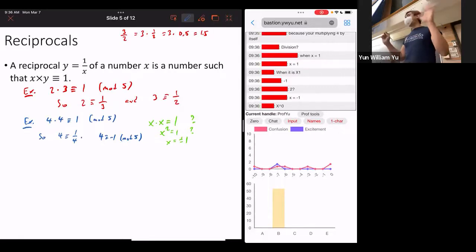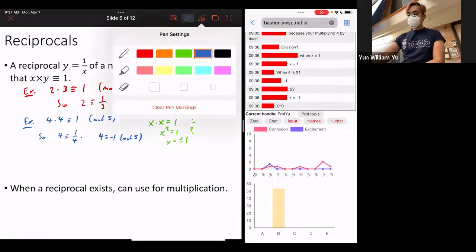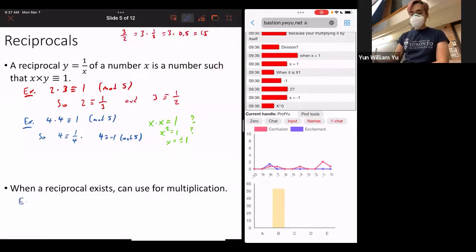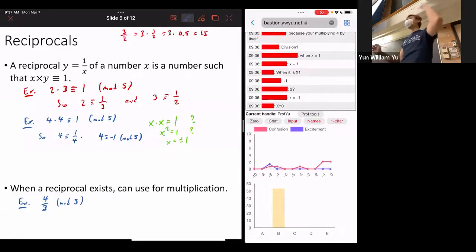Okay, I'm getting a few looks of confusion, but we'll carry on for now. And we'll just say that when a reciprocal exists, you can use it for multiplication. What do I mean by that? For example, if I wanted to do 4 divided by 3 mod 5, one way we could do it is look at the multiplication table 2 slides back, and find the right column and the right entry.